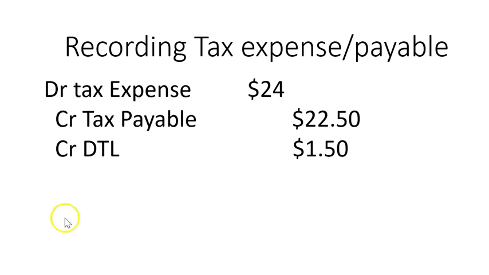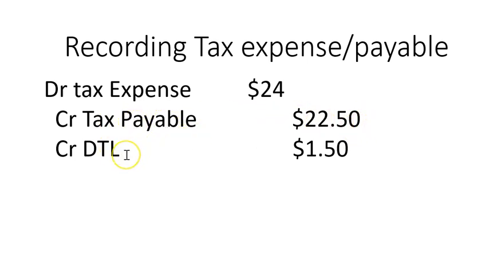Okay, so the way that we'd actually record this is, obviously for accounting purposes, we'd have a tax expense of $24. So we debit our tax expense. Then we know that we will actually physically only have to pay $22.50 to the tax office. So we just record a credit to the tax payable for $22.50.